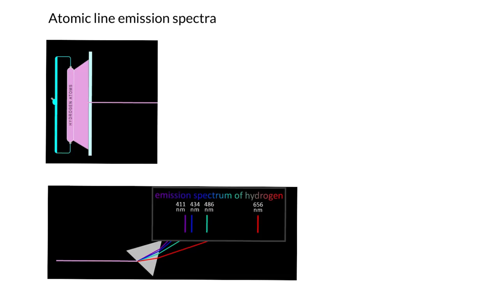For example, if we energize hydrogen gas with an electric current, the H2 molecules will split into hydrogen atoms. Over here, I've got that photo tube, and I'm going to energize H2, hydrogen gas.